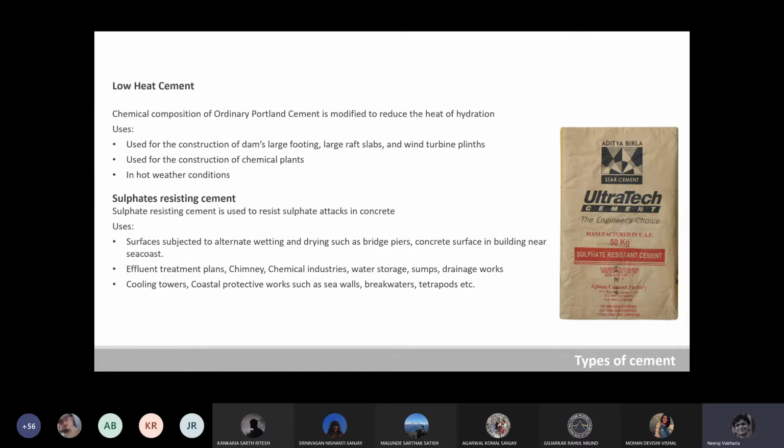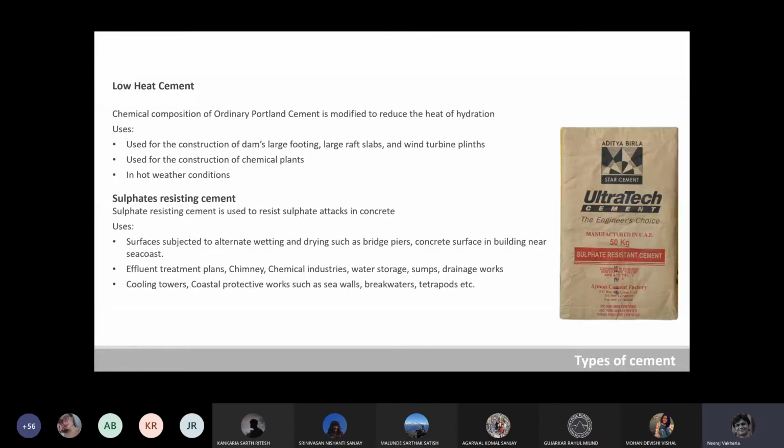Then surfaces subjected to alternate wetting and drying, such as bridge piers and concrete surfaces in buildings near sea coasts, where we generally get the sea breeze, or where the columns or concrete elements are constantly in touch with water full of minerals. There again we use this.